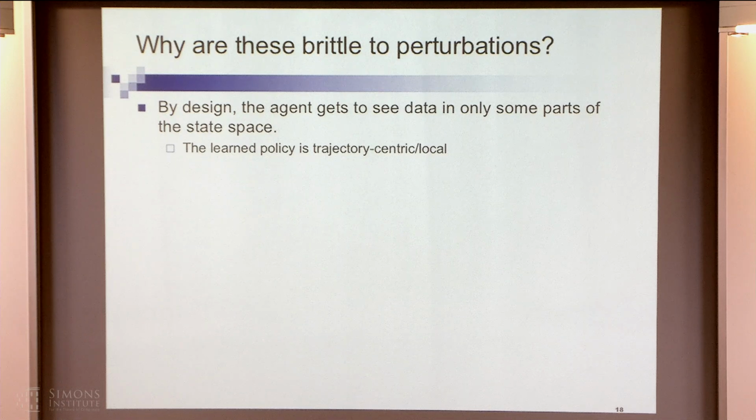Well, it's kind of obvious, right? These learned policies are very trajectory centric. They're optimal where they tend to visit. It's a very different issue than in supervised learning, where if you're optimal under the distribution, great. In real robotics problems, being optimal where you visit isn't great because the system will be shaken a bit.